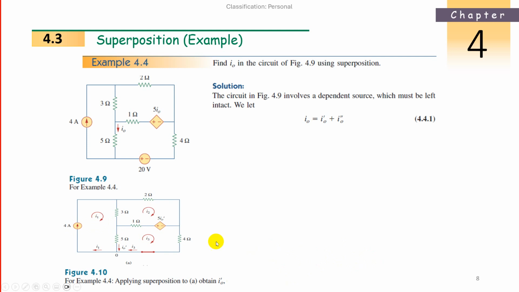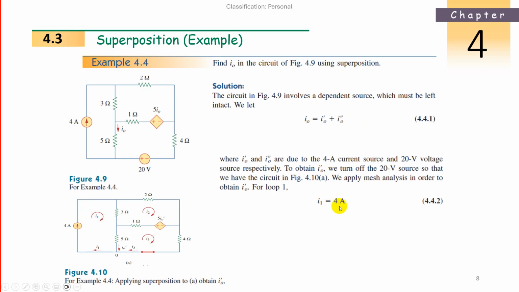It is an independent loop, so the assumed current I1 should be equal to the source current. This is super mesh, which we studied in the previous class, in the previous chapter. I1 is nothing but 4 amperes because it is not shared anywhere. So I1 is equal to 4 amperes.